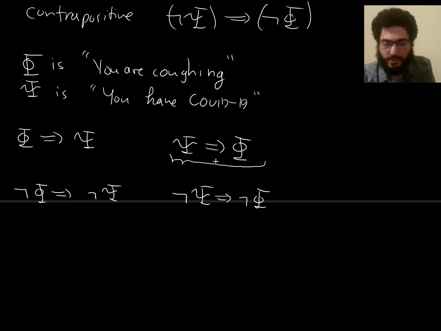And that would not contradict this. On the other hand, this one says if you're coughing, then you have the virus. It rules out that you could be coughing for any other reason. But with this one, it still allows you to have the virus without coughing. It could still be true that coughing implies you have the virus, but you could be not coughing and still have the virus, according to this one.